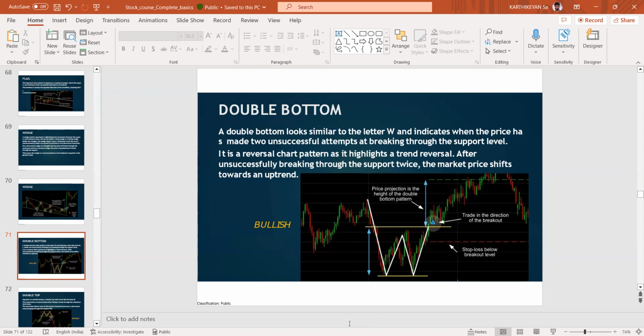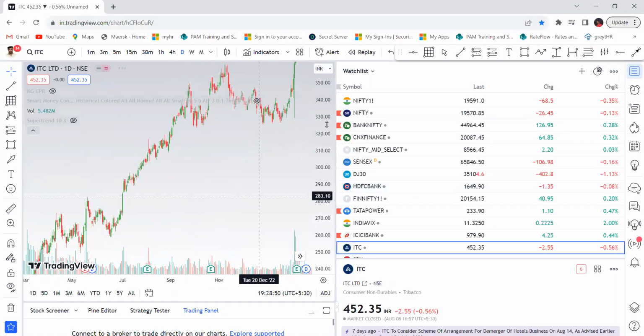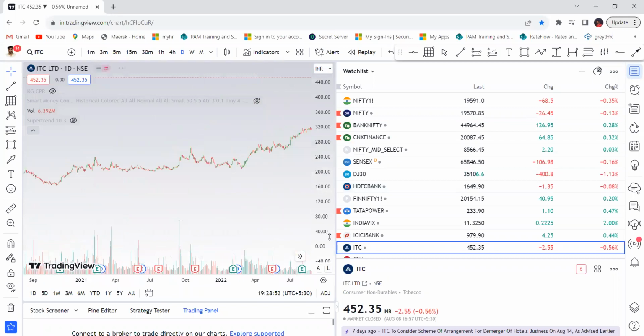So let's see the stocks. Maybe I'll take ITC as one of the examples where I've traded with this W pattern.